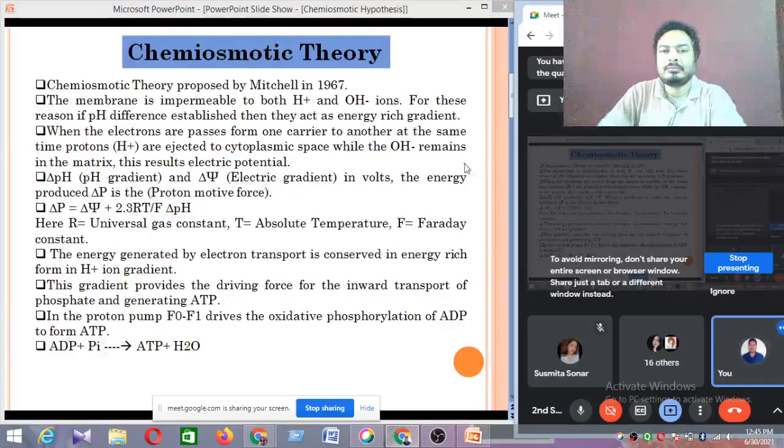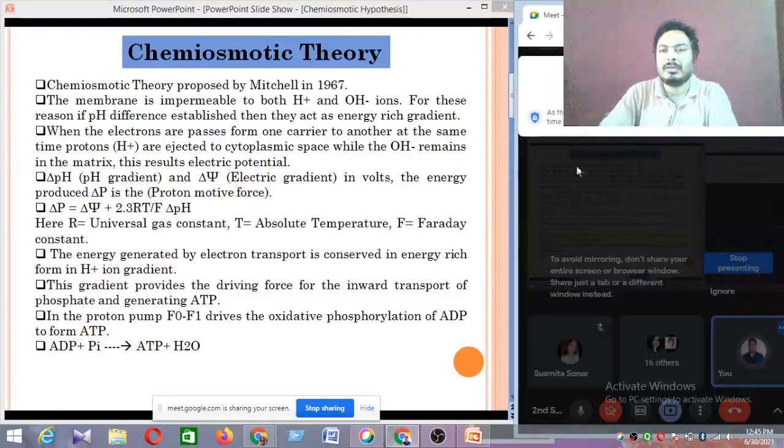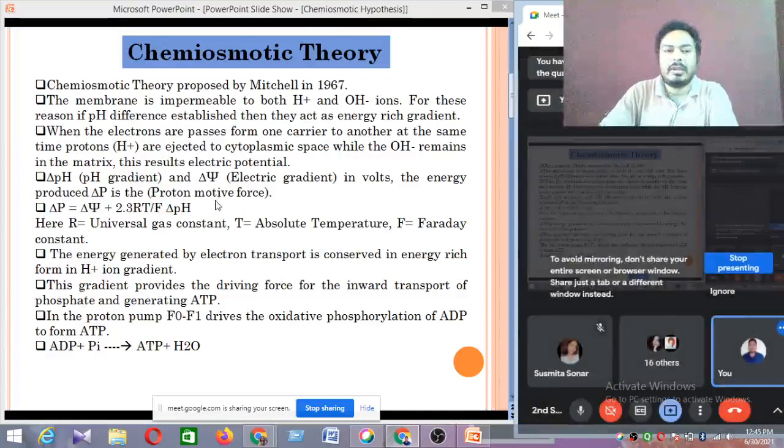Then energy production is called delta P. Delta P is the energy production, also called the proton motive force.